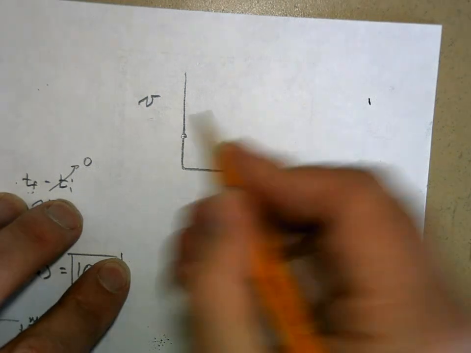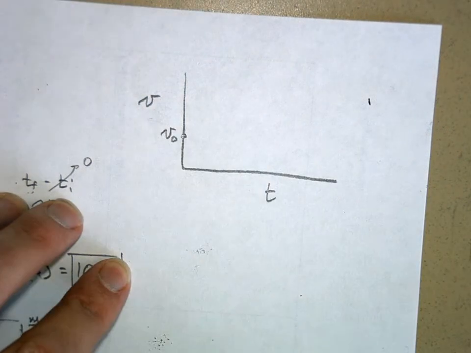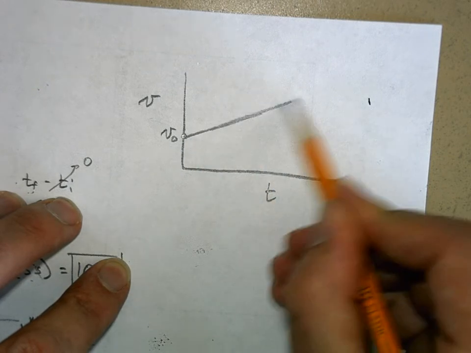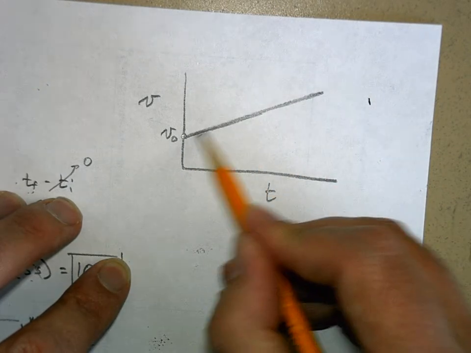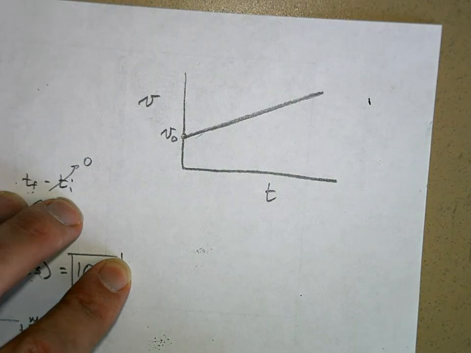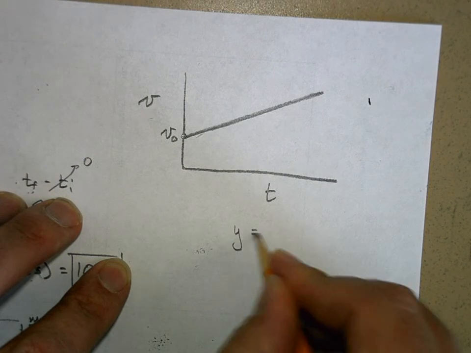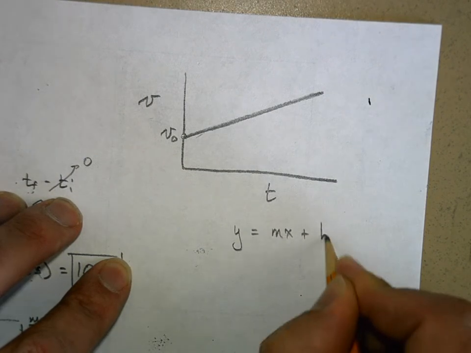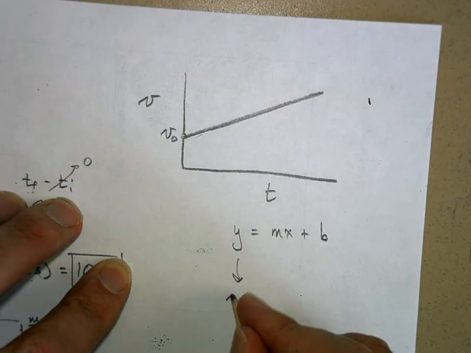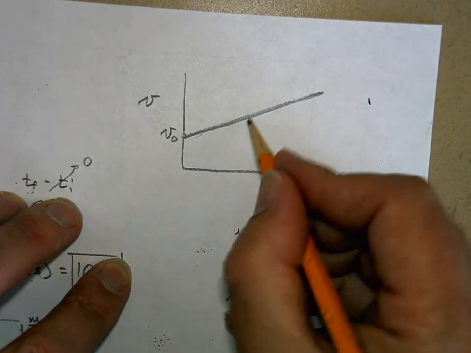I'm going to have some starting velocity, and this is going to be a straight line. So if it's a straight line, I can use the linear equation. This is a linear equation. So I start, okay, y equals mx plus b, right? But instead of y, this is the velocity axis. The slope, what is the slope of this?